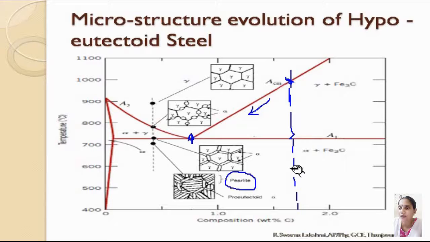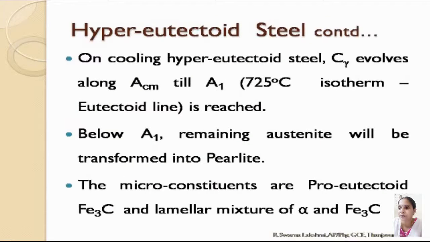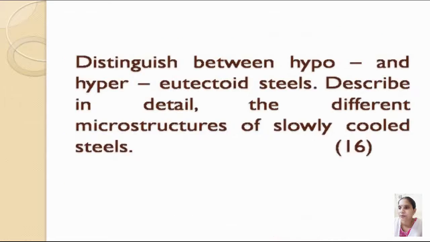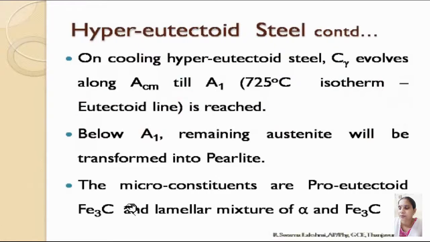So in case of a hyper-eutectoid steel, the microconstituents would be pro-eutectoid cementite plus pearlite, which is a lamellar mixture of alpha and Fe3C.